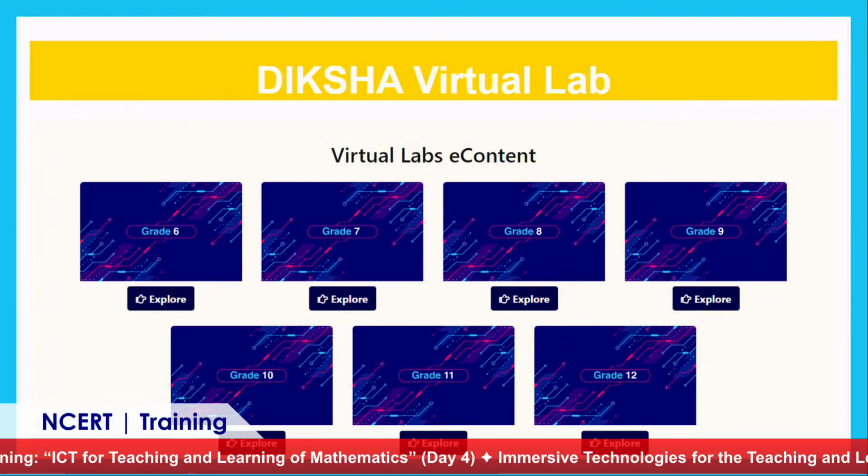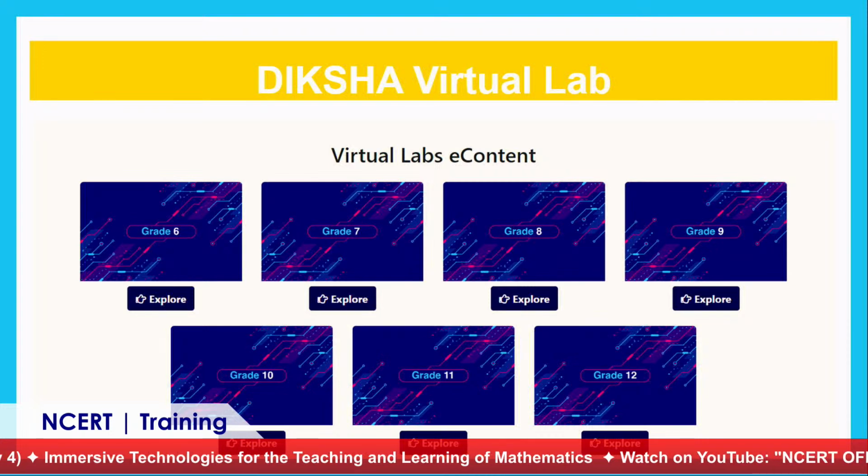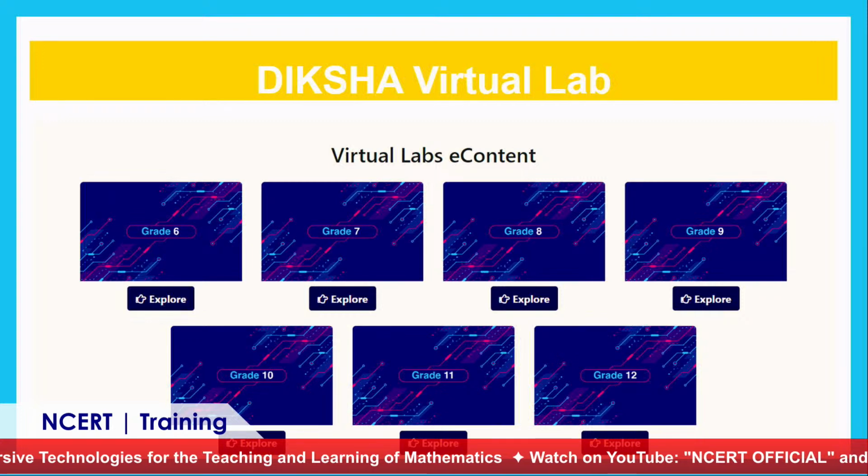where I will be able to see the list of the content grade wise, means class wise, grade 6, grade 7, 8, 9, 10, 11, 12. As per my class, as per my need as a teacher, I can select.